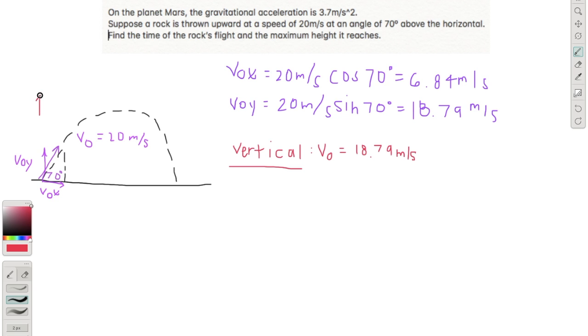That is the vertical velocity, and it's a positive number because it is going up. The acceleration is going to be negative.